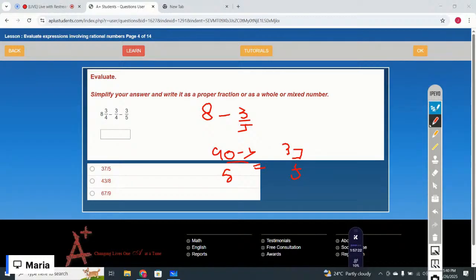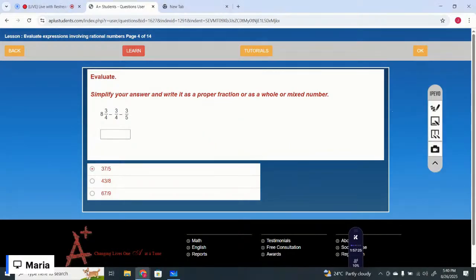So the correct option is 37 over 5. Option number 1 is the correct option.